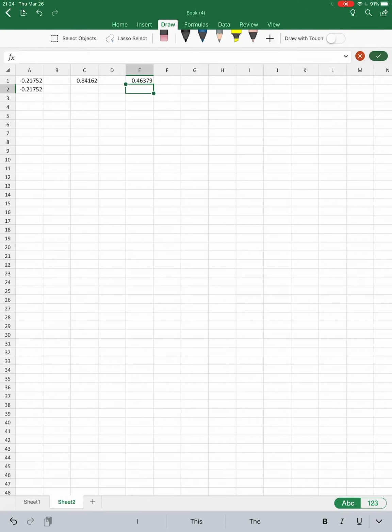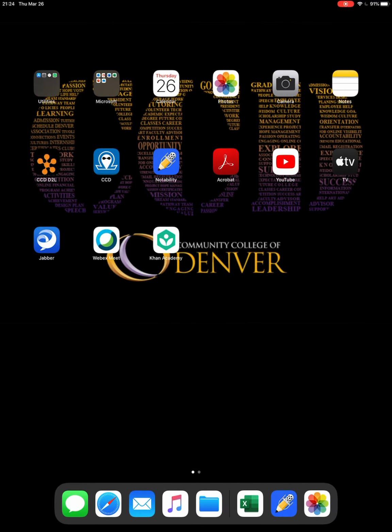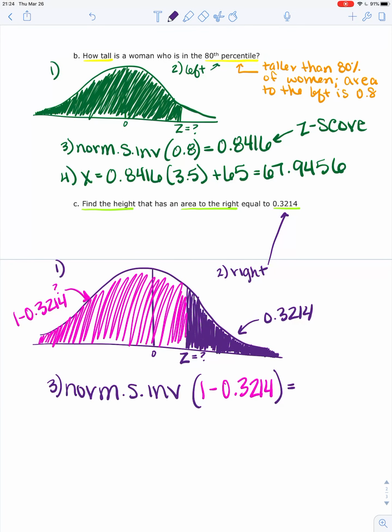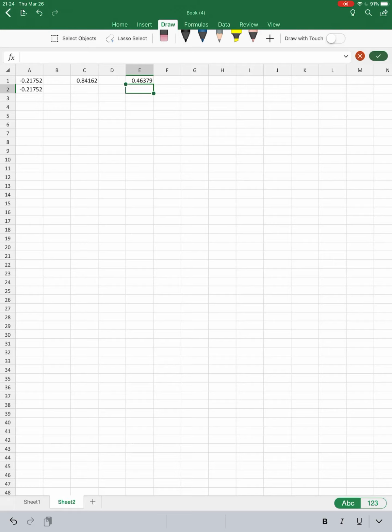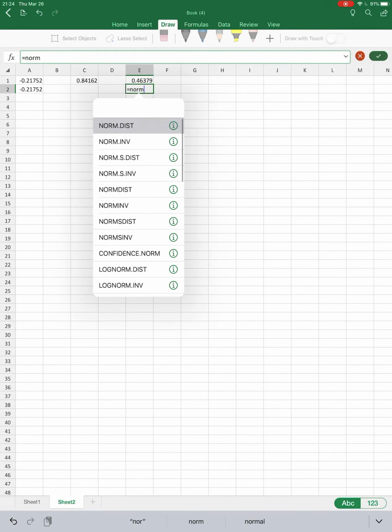And we hit enter. And we get 0.4638. I'm going to write that down, but then I'm going to come back to Excel and show you guys something. Okay, 0.4638.